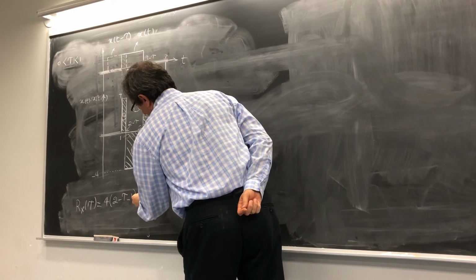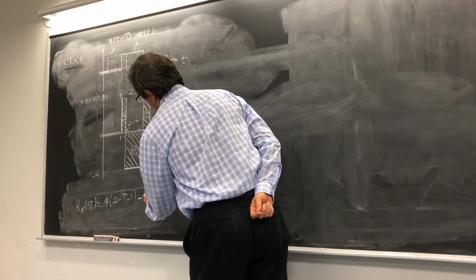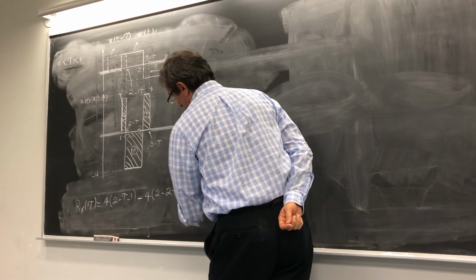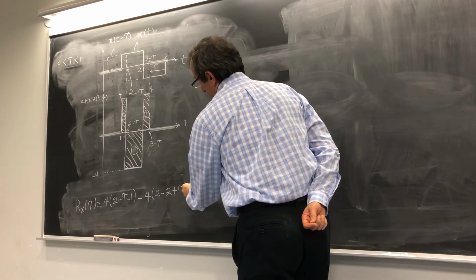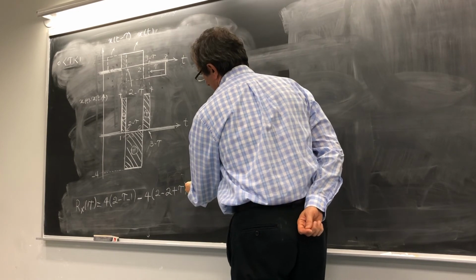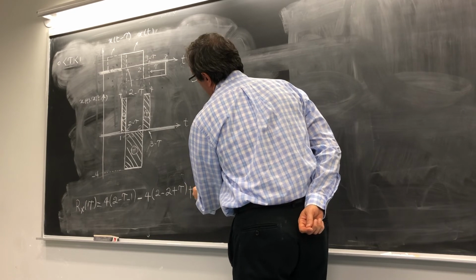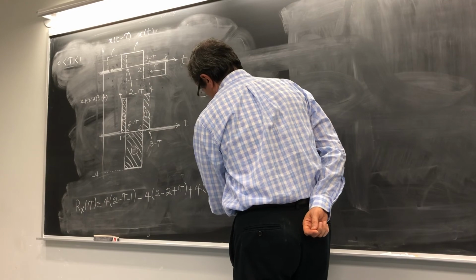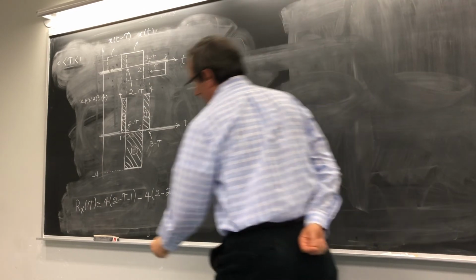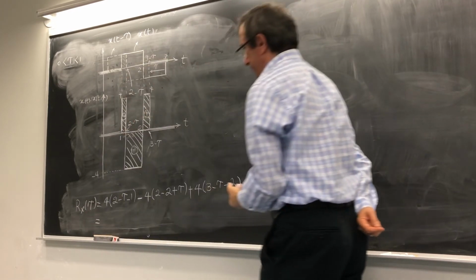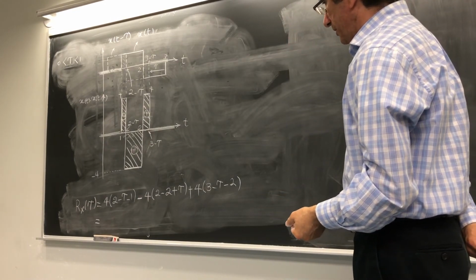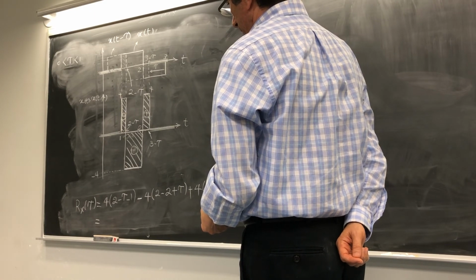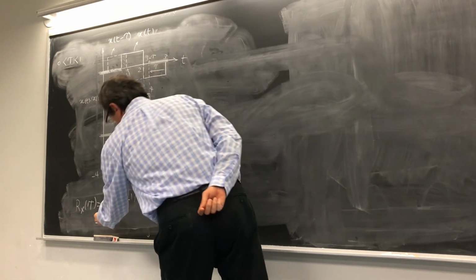Minus 4 times 2 minus 2 minus tau, plus 4 times 3 minus tau minus 2. So what is that going to be? So that one gives us 4.